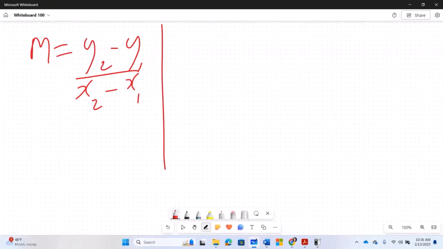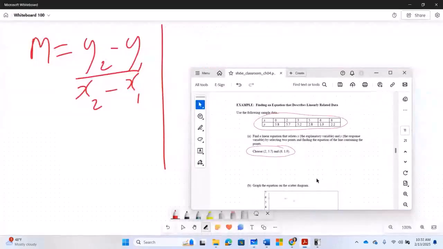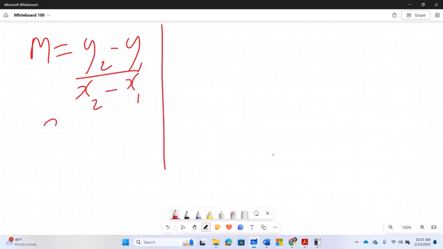Okay, and then I'll go up to the points given to me. The first point is (2, 5.7). So this is the first point, and I'll call this x1, y1.